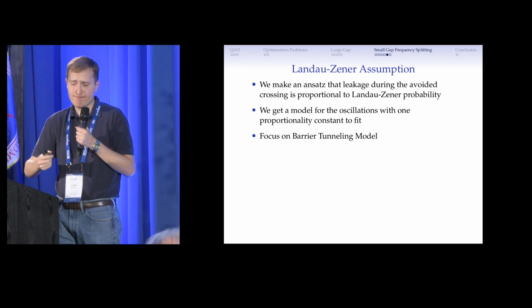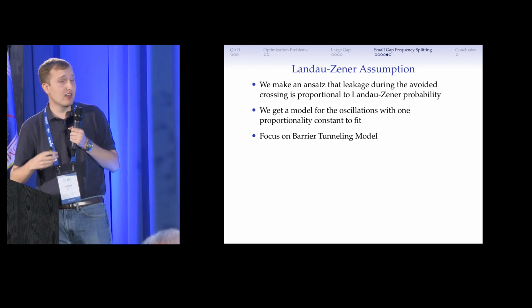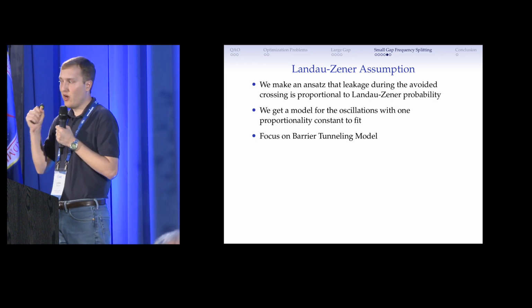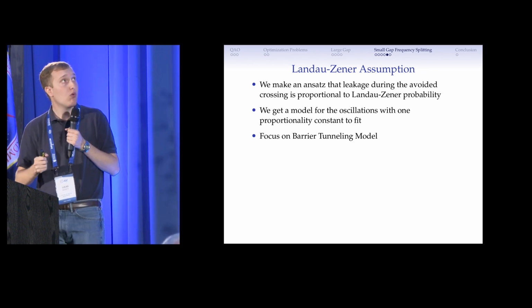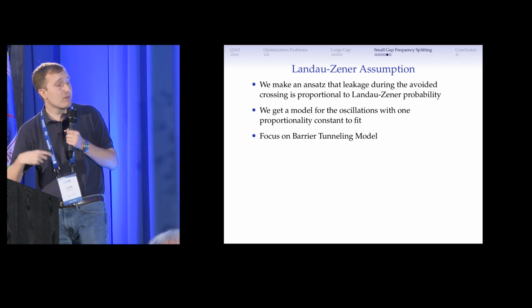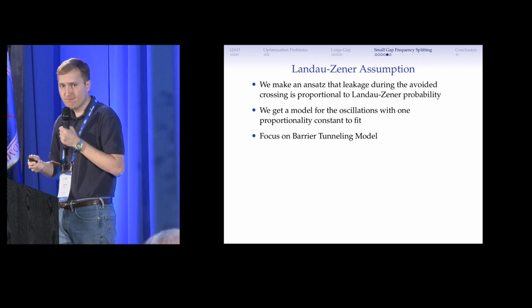and use that to get a model that we can actually use to predict things. The model that we're using at the moment has a constant of proportionality that we need to fit. I'll get into a little bit what that does and does not tell us. But basically, we can use this to predict those oscillations fully.